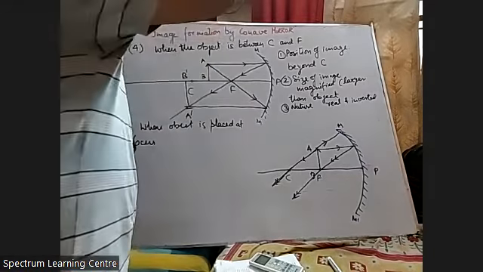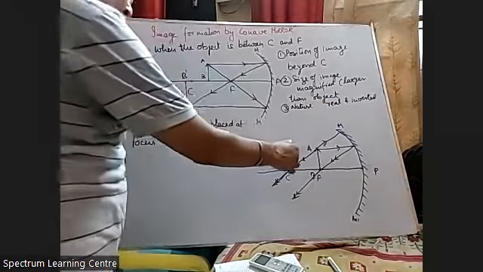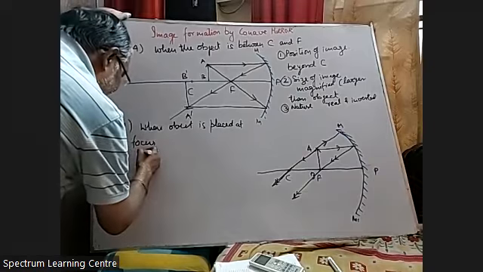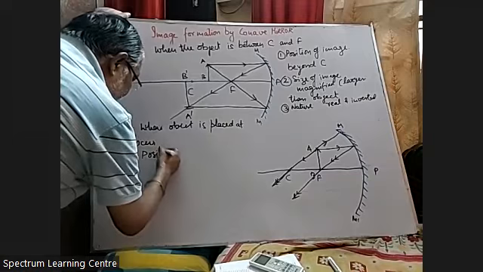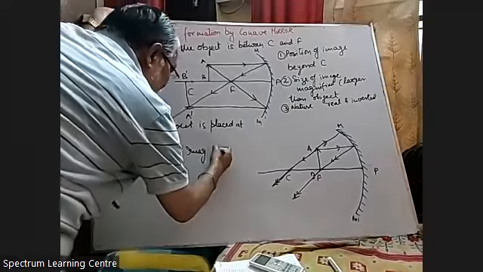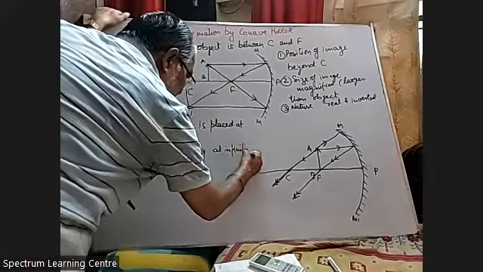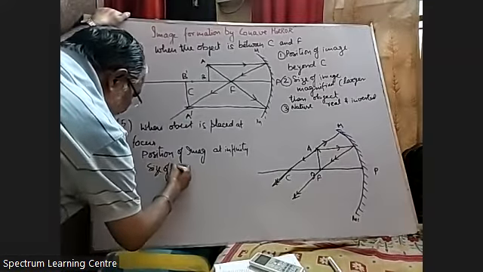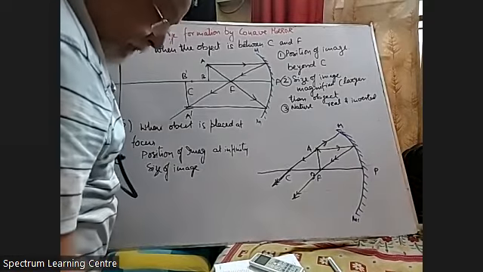When the object was at infinity, image formed at focus. When an object is at focus, image is formed at infinity. So again we'll write position of image: at infinity. Size of image will be highly magnified.